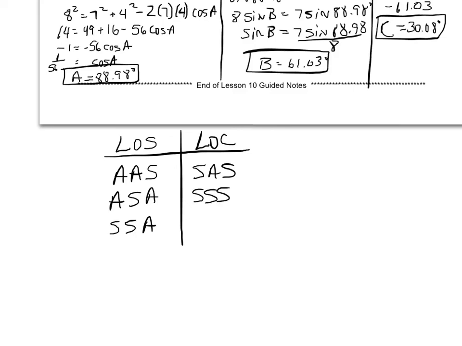Now, remember, the one you've got to watch out for is this side, side, angle business, because you have the possibility for those different configurations of the triangles. So that could be a tricky one. Just know what you're dealing with. Look at it in terms of these triangle angle side configurations, and make sure you know what you're supposed to be doing for each one.